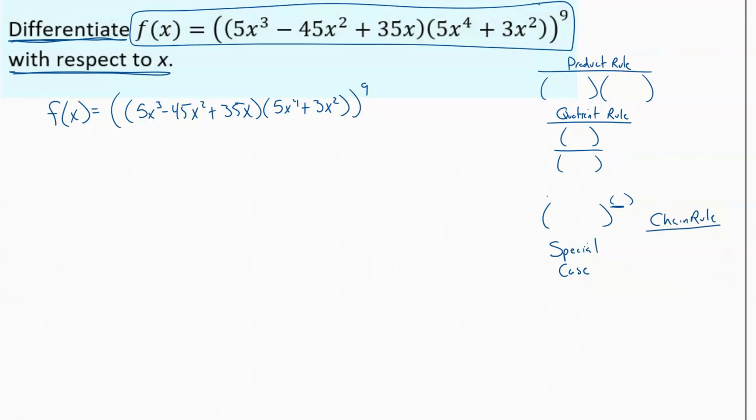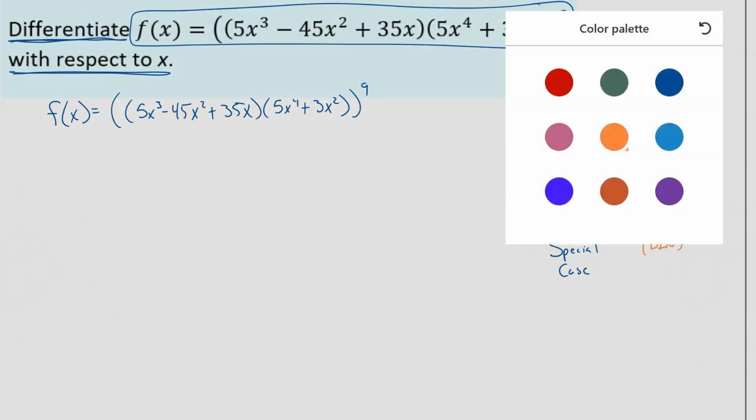So as I squint my eyes and look over here, I sort of lose sight of the fact that there's two things being multiplied, and what I really see is primarily something inside a set of parentheses raised to a power. And so that tells me that the primary rule I need to be following right now is my chain rule. My chain rule recipe, my chain rule saying that I use, goes d in times d out.